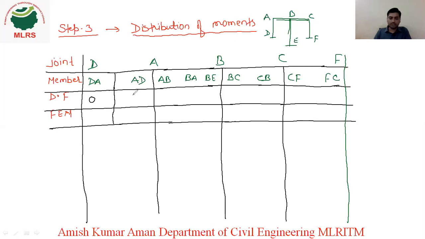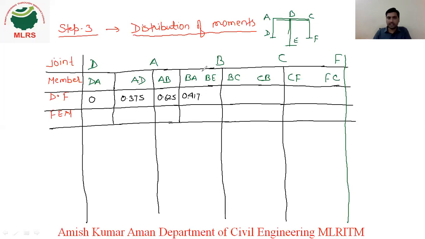For AD, what is the distribution factor? We have already calculated 0.375. For AB, we have already calculated 0.625. Now coming to BA and BE. For BA, we have 0.417.